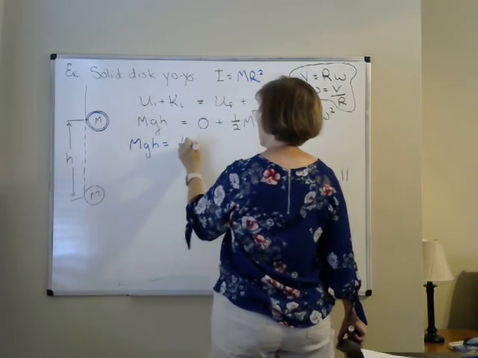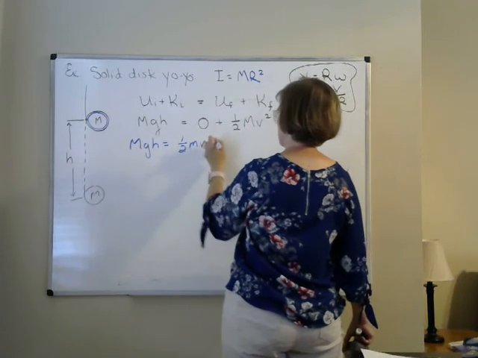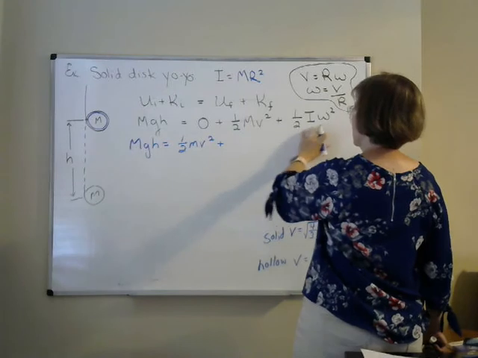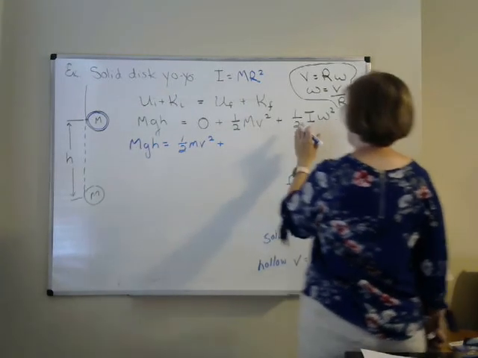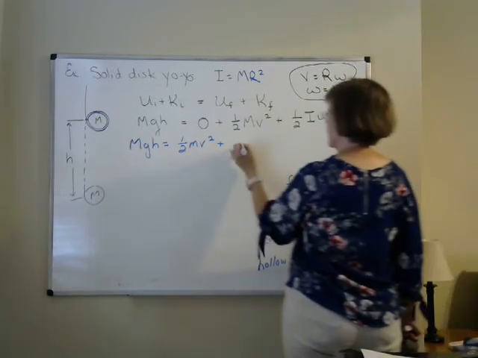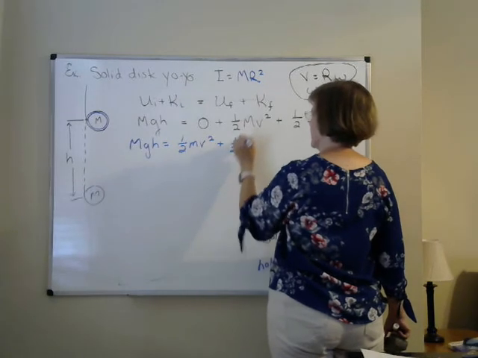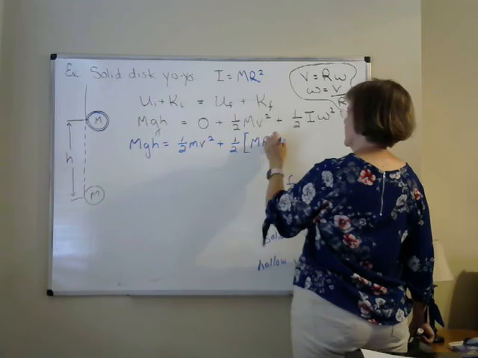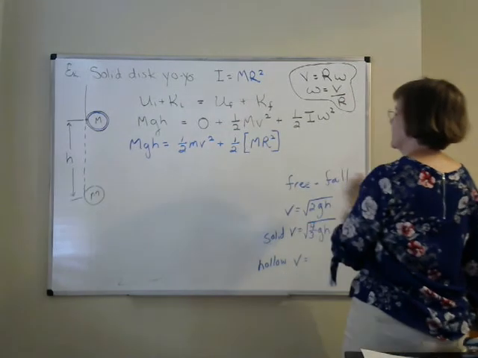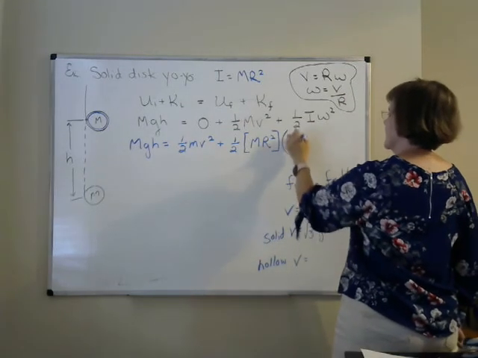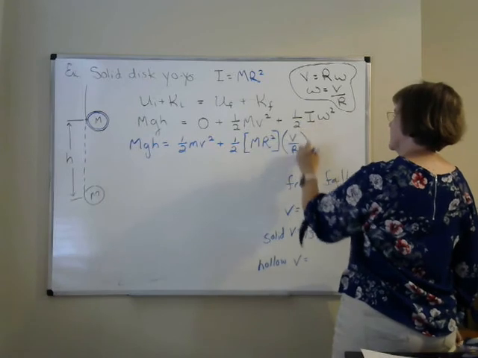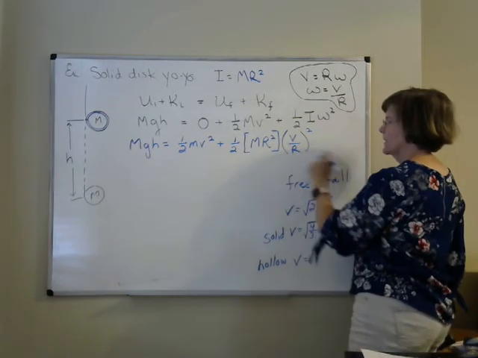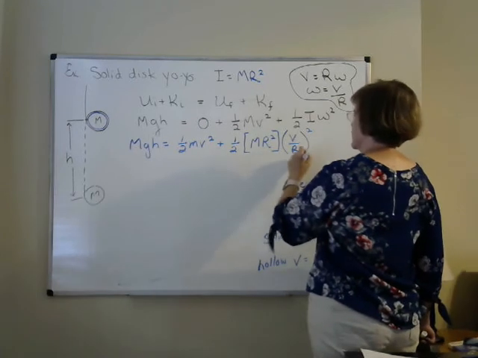Here's my kinetic, 1/2 mv squared, plus my rotational kinetic energy, 1/2 I omega squared. I is going to be mr squared, and omega is v over r, squared. In 1/2 I omega squared, the r's cancel.